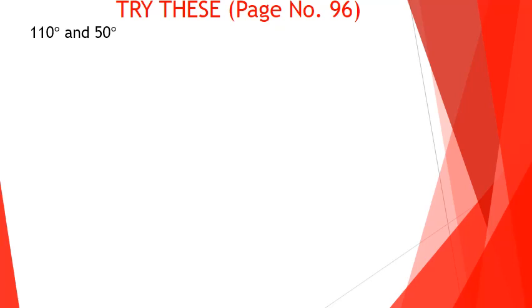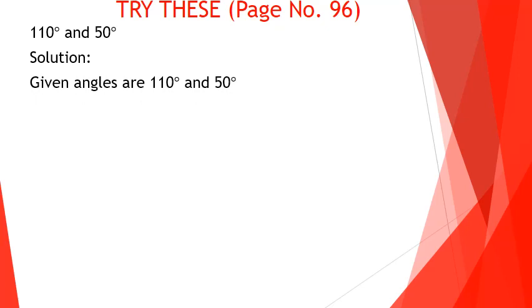What is meant by supplementary angles? If the sum of measures of two angles is 180 degrees, then the angles are called supplementary angles. So what we have to do here? We have to find the sum of these angles. While adding, we get 160 degrees, that is not equal to 180 degrees. Hence, the given pair are not supplementary angles.